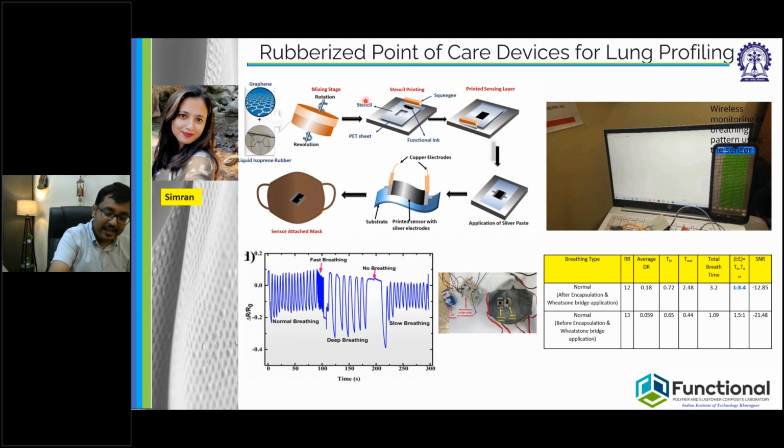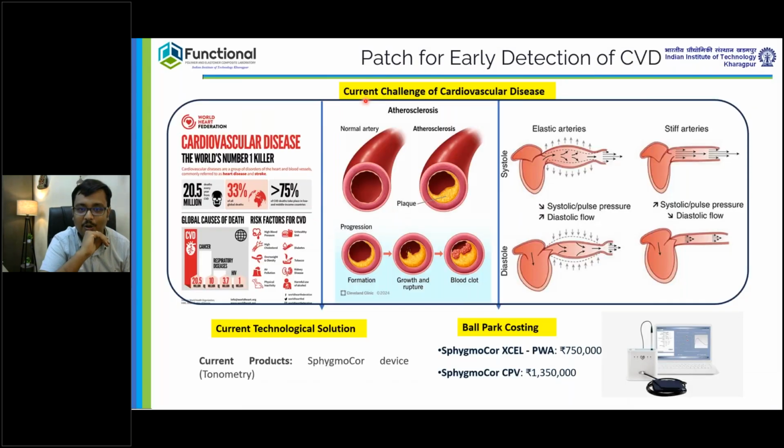Now coming to the next one, which is again a burning problem across the globe, known as cardiovascular diseases. If you look into the percentage of people affected globally, there are roughly 20.5 million deaths everywhere. Around 33% of all global deaths that are happening, cardiovascular disease is the root cause.